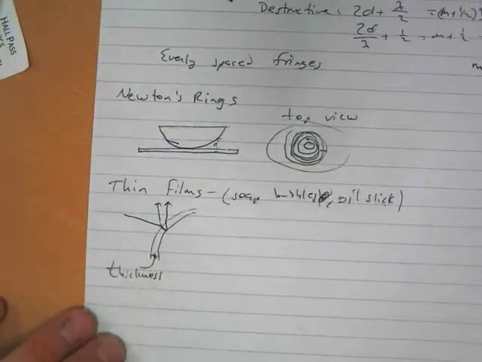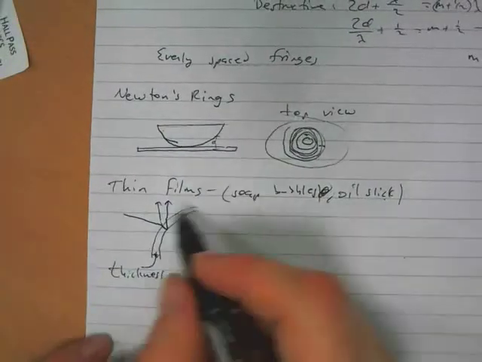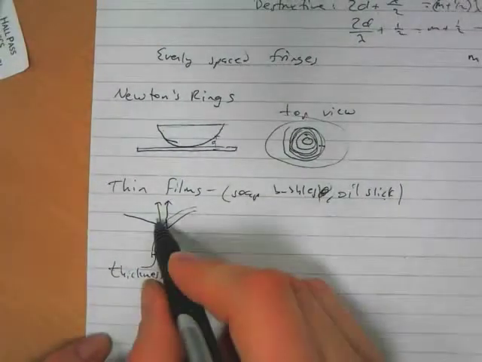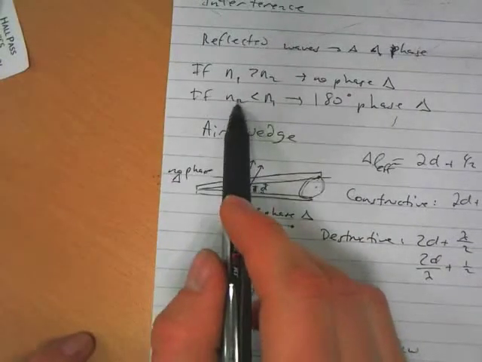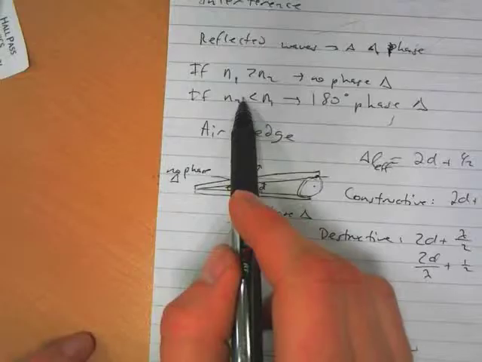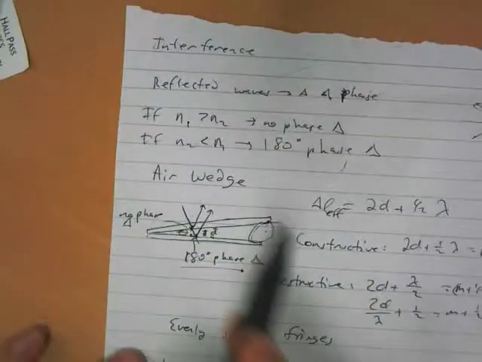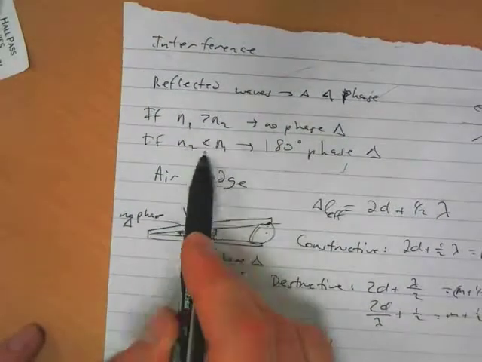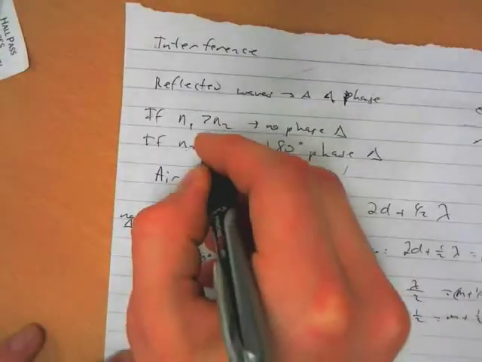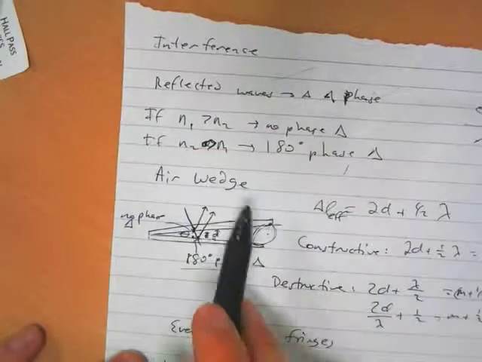Right? So the path length, ray number 1, is going from air and hitting the bubble, which means that our n2, goodness, I've just realized that these both say the same thing. If n2 is greater than n1, we get a 180-degree phase change.